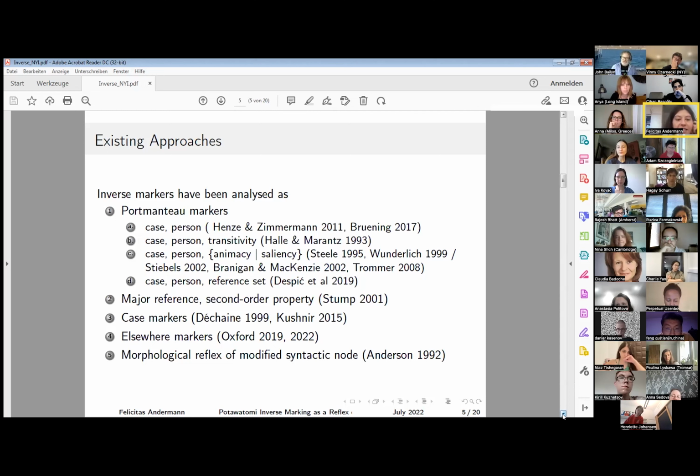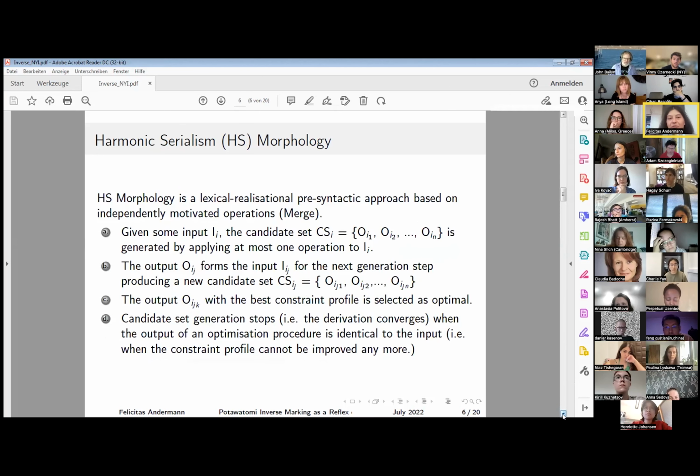They have been analyzed via major reference as a second order property, as case markers where you have to assume two different voice heads depending on which paradigm you have, as elsewhere markers in recent work by Oxford, and as a morphological reflex of a modified syntactic node. You don't really have a consensus, and the question is whether the very recent framework of morphology and harmonic serialism can shed new light on that.